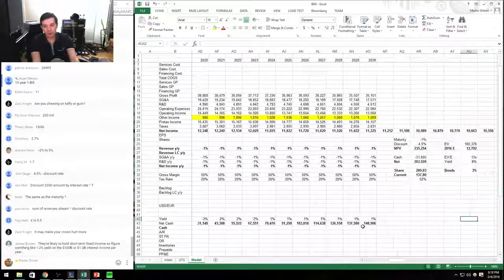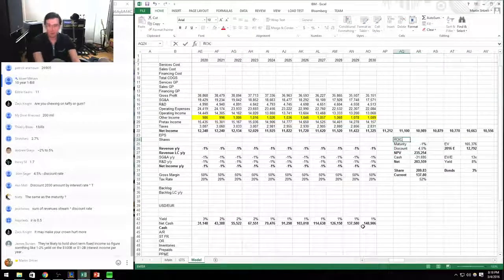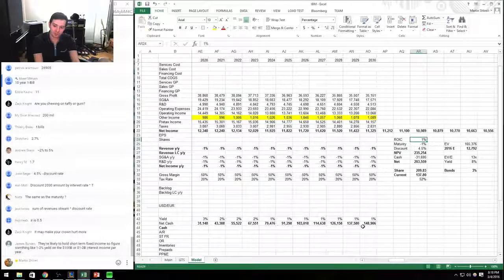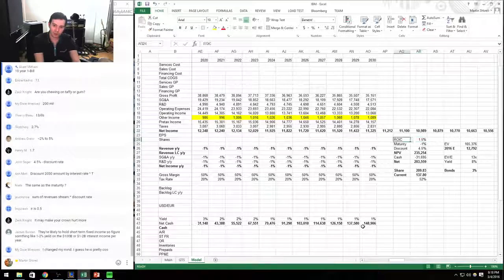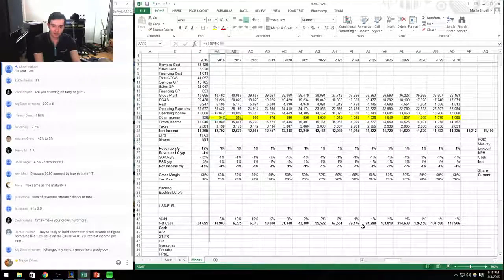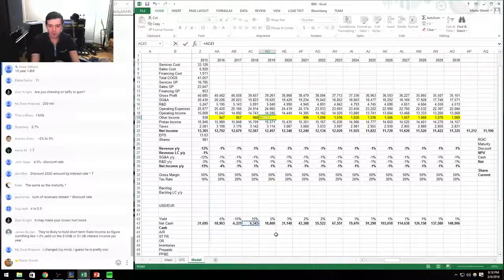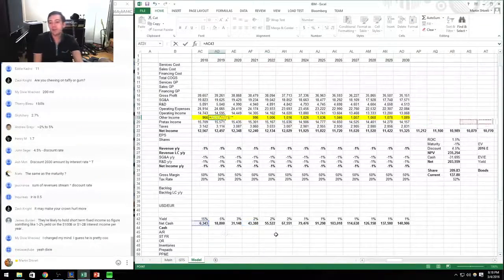So one thing we can add to this is actually called ROIC. That's return on invested capital. We can assume that IBM will make 1% or maybe 1.5% every year on its cash balance. That's a crazy idea. So we'll start it here. We'll assume that they make 1.5% every year.